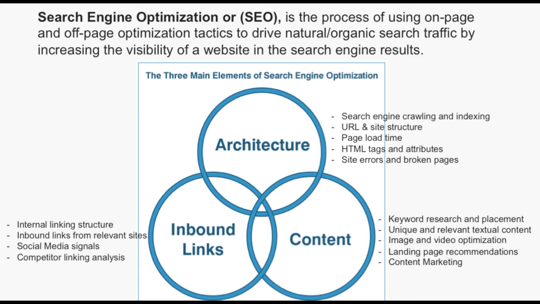For architecture, it's anything technical related to the website, from the domain structure, URL structure, domain strategy, crawling, indexing, even page load speed, which is one of the most critical factors now, as well as several different on-page HTML tagging attributes and different site errors that we manage and track. So that's the architecture part, right?